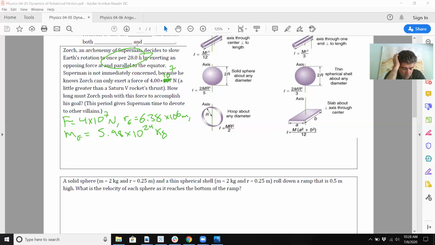So one thing you have to realize is that we have omega 0, omega. Also, we're going to be dealing with acceleration.